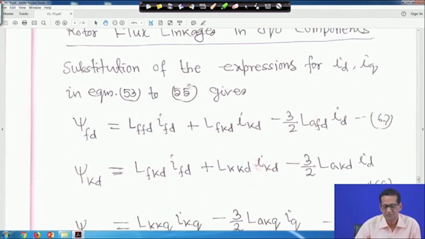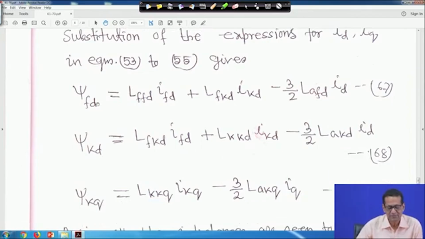Substitution of the expression for id iq in equations 53 to 55, if you make everything, then we will find that psi fd will become L ffd ifd plus L fkd ikd minus 3 by 2 L afd id. What I suggest is that whenever you listen to the lecture, please keep the list of nomenclature with you, because so many terms are there, like mutual inductance between stator and rotor, self inductance of stator, self inductance of the rotor circuit.